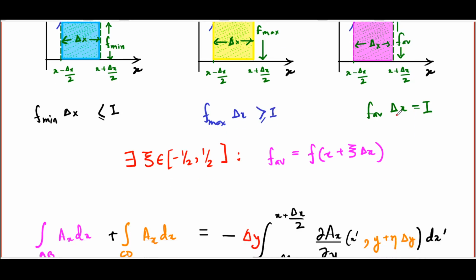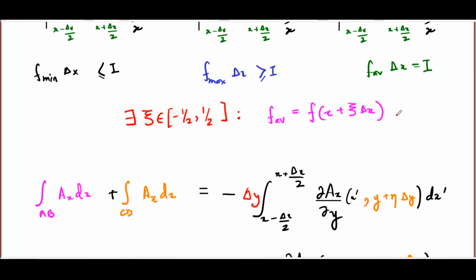So going back to our situation, we had this integral to worry about, where your integral was being done over this one variable x prime, ranging from x minus delta x by 2 to x plus delta x by 2. The other argument here stays a constant at y plus eta delta y. So we just treat that as a parameter.